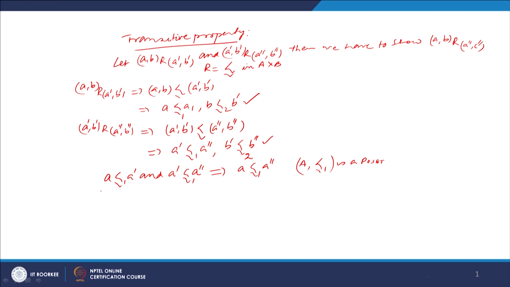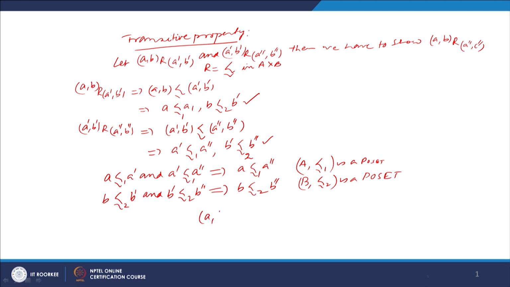And B precedes B' and B' precedes B'' implies that B precedes B'', because B is a poset. So A precedes A'' in A, B precedes B'' in B.